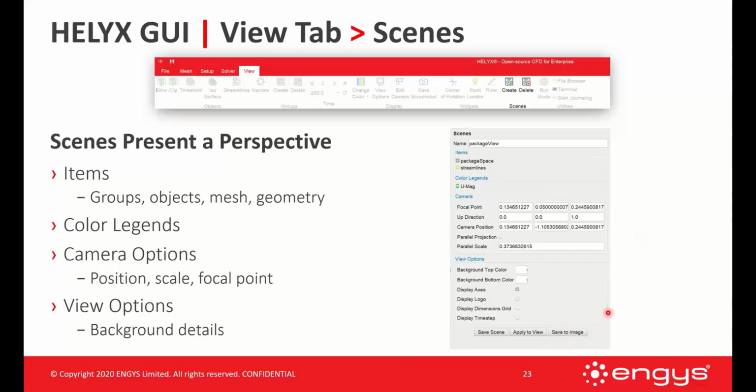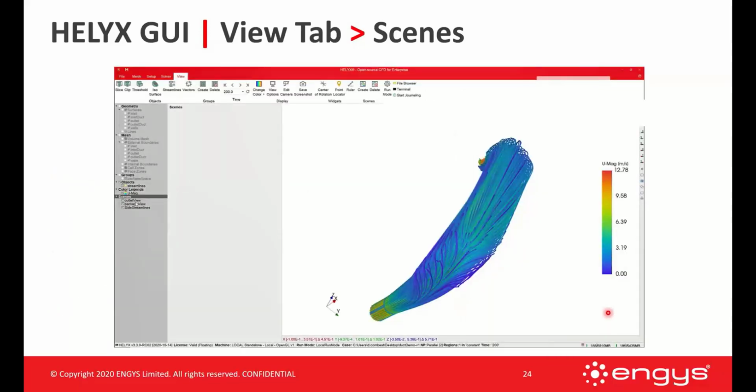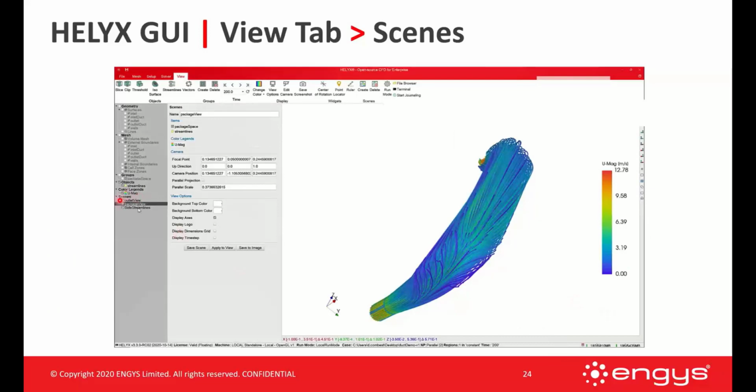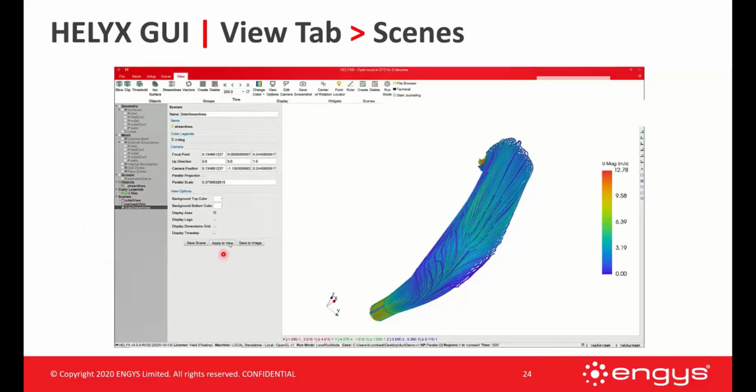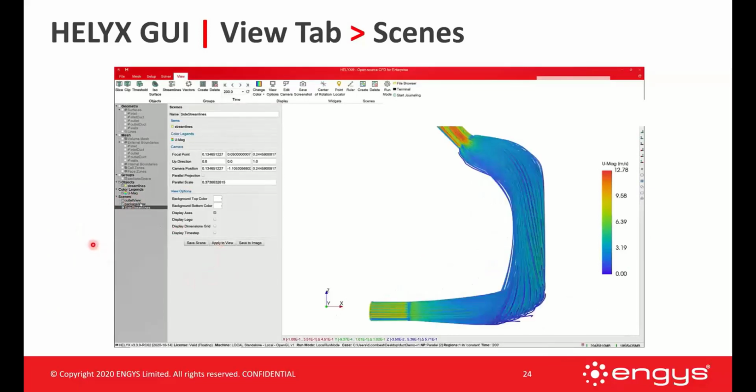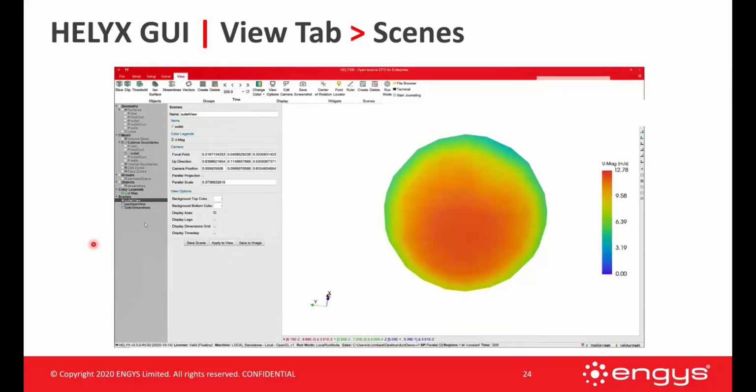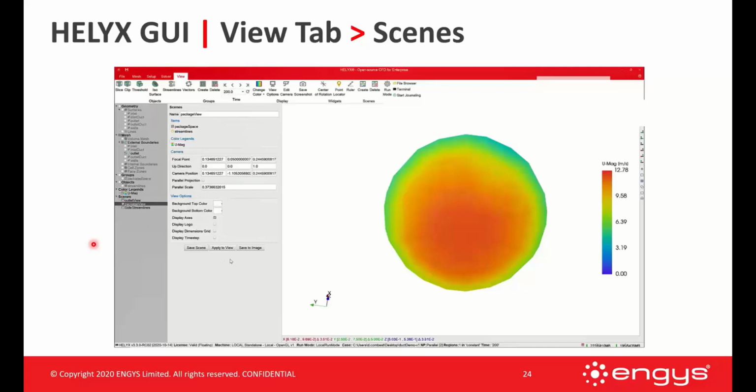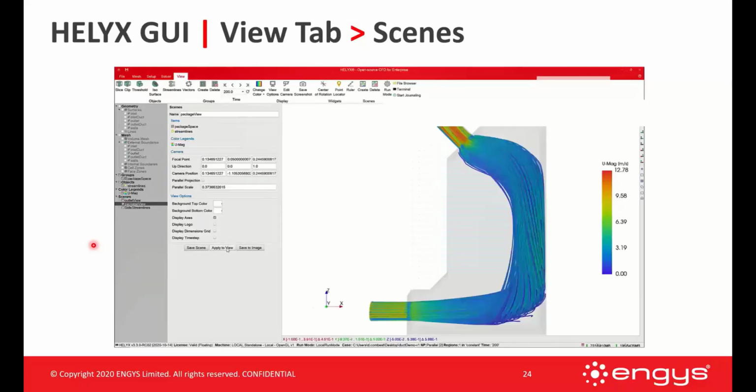One of the strengths of having scenes, you can see right here, is that I'm applying a scene to a particular view. I've constructed these ahead of time, but by applying one to a view, it snaps to something that's already been configured.